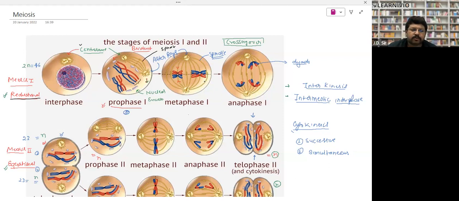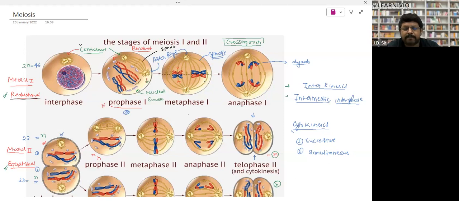In interphase, the cell will enter into the division process, the M phase. Out of this M phase, this time it will go for meiosis rather than mitosis. Mitosis is a general cell division which takes place in every part of our body.